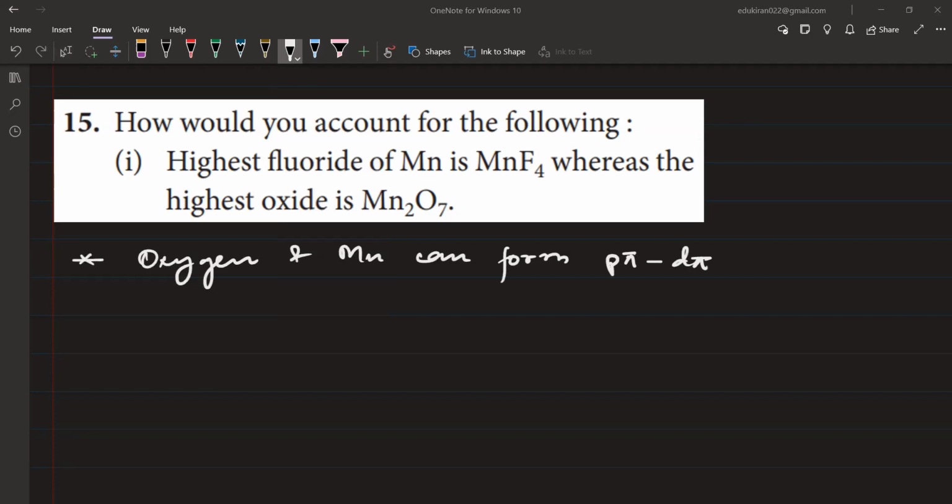Okay, so the pi bond is formed from the p orbital of the oxygen atom and the d orbital of the Mn atom, manganese atom.